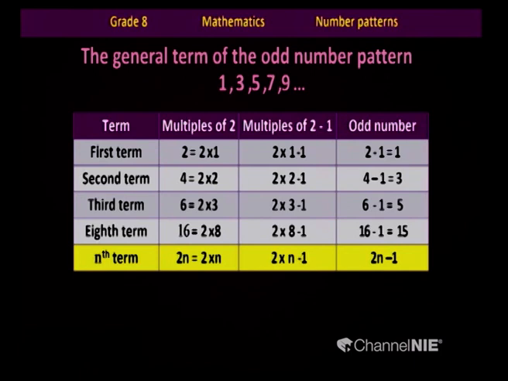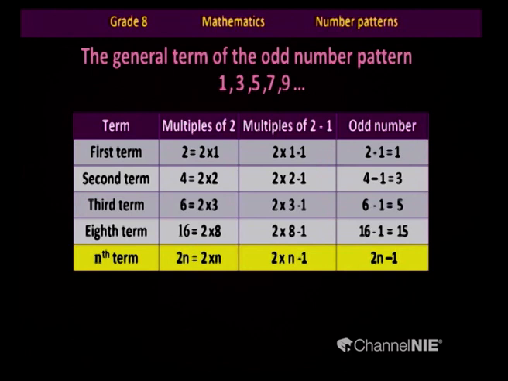The first term of the multiples of 2 starting from 2 is 2. So, we got it by multiplying the number of terms by 2. Here, I am going to obtain the first term of the odd number pattern starting from 1 and written in ascending order by multiplying the number of terms by 2 and subtracting 1 from that.